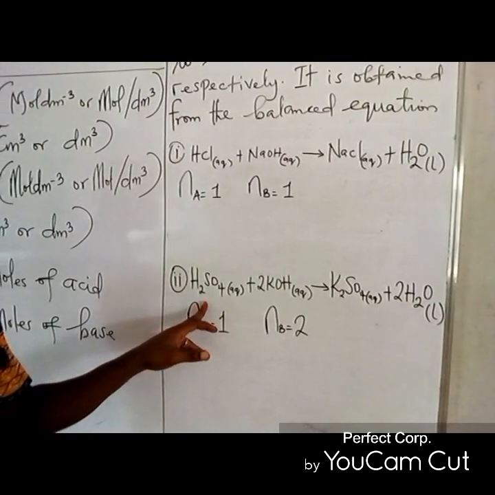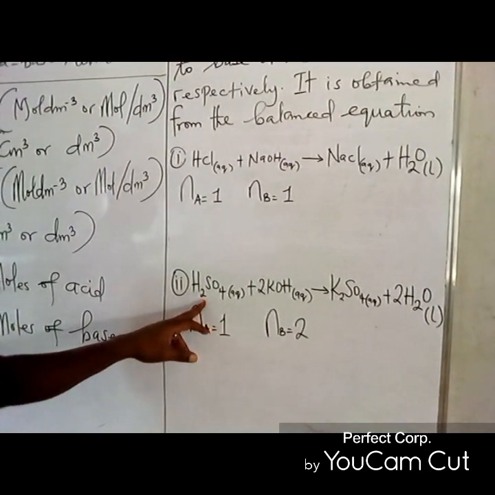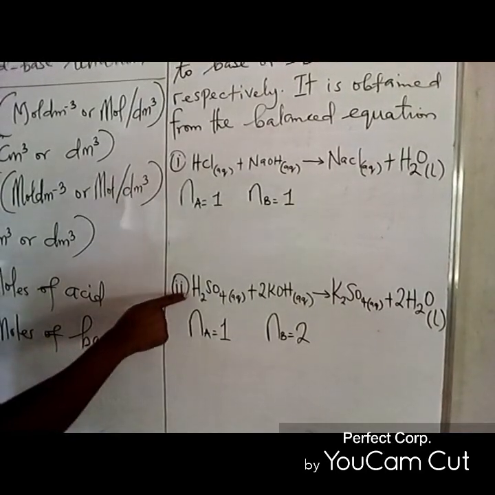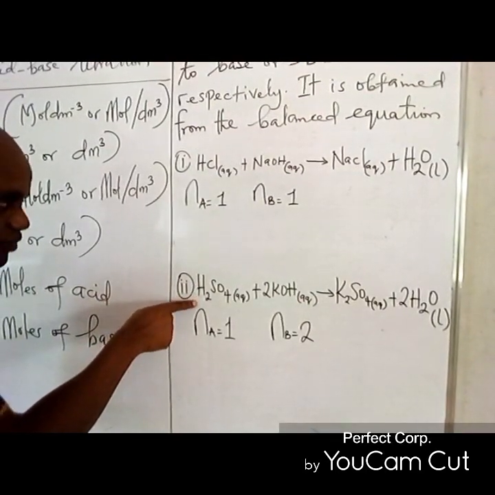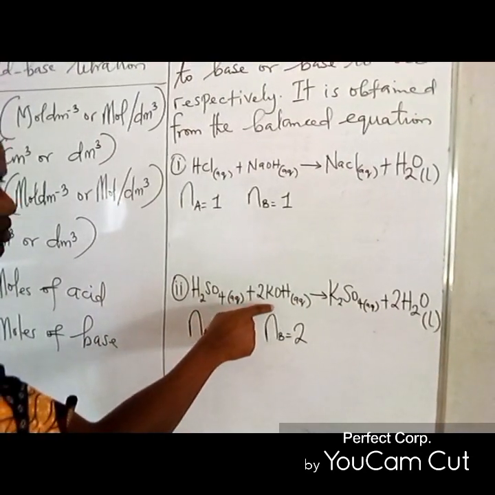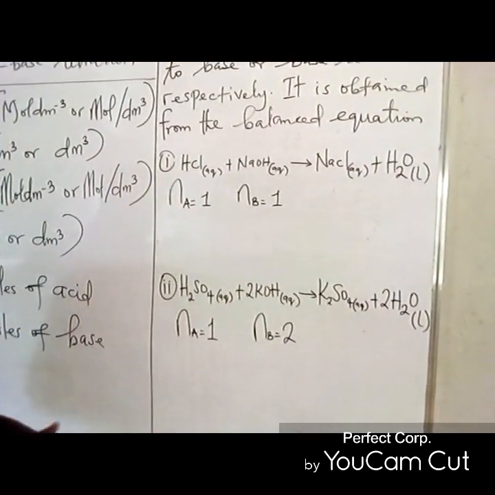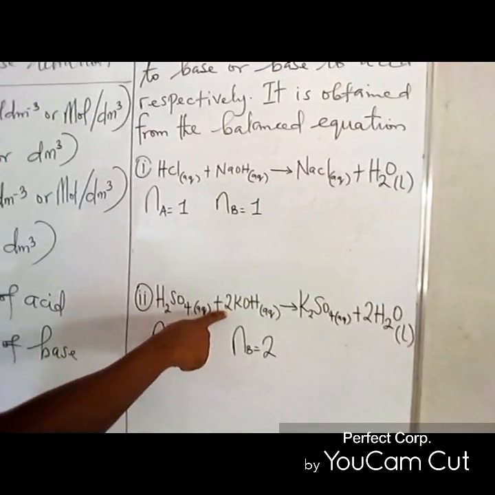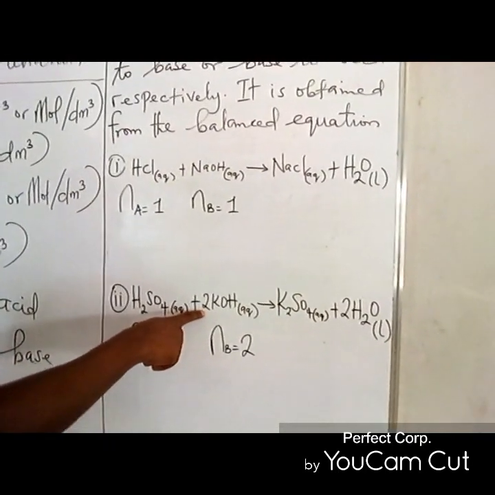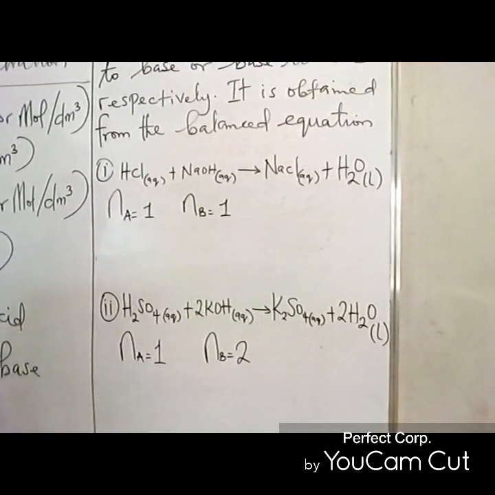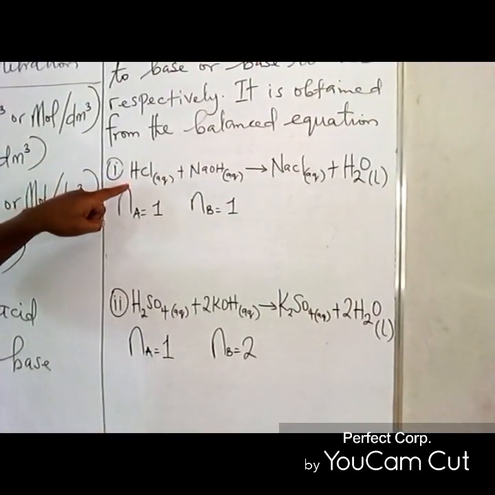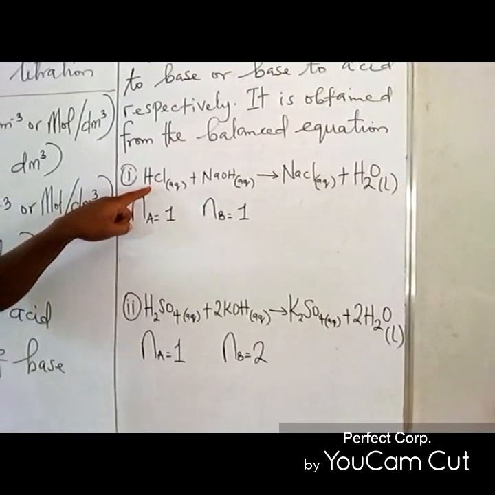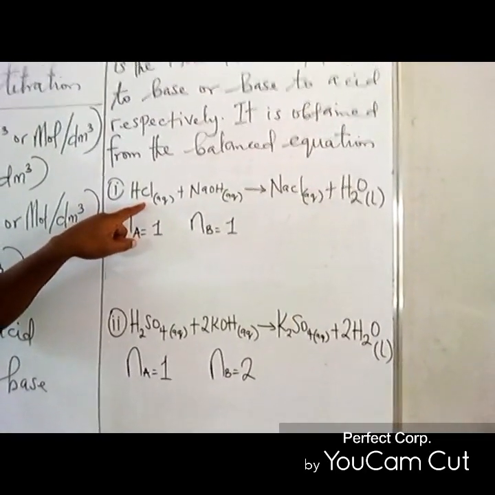From this equation, the number of acid we have here is 1. We have 1 acid here, and if you look at the base, potassium hydroxide, we have 2 amount of base here. Now, how do we know that? Now, let's go back to the first equation. We said we have just 1 number of acid, hydrochloric acid here.